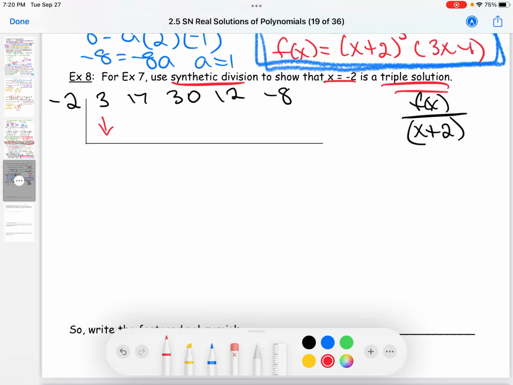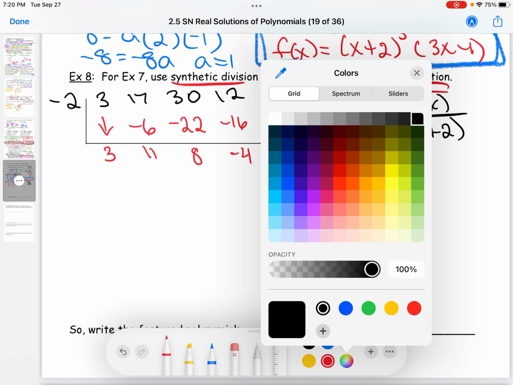Okay? Bring down the first number. Don't do anything else to it. Just bring it straight down to 3. Multiply by -2, -6. Add, we get 11. Multiply, -22. Add, we get 8. Multiply, we get -16. Add, we get -4. Multiply, we get 8. Add, we get 0.